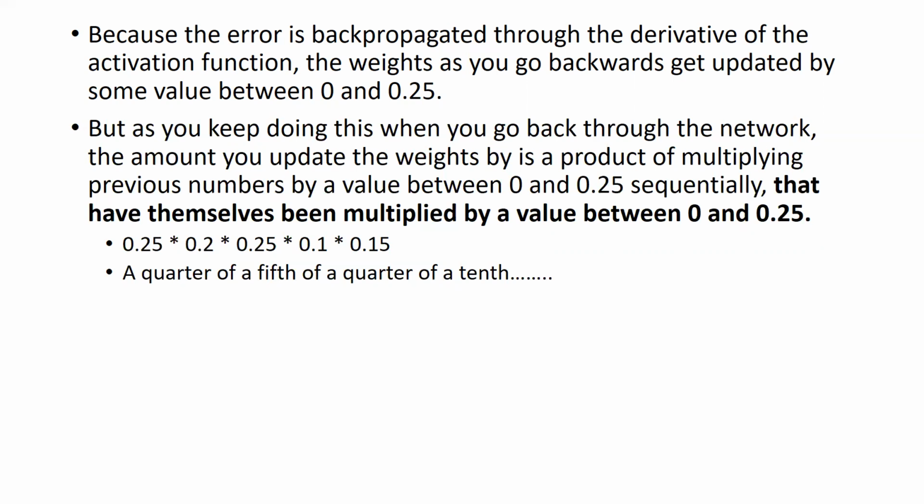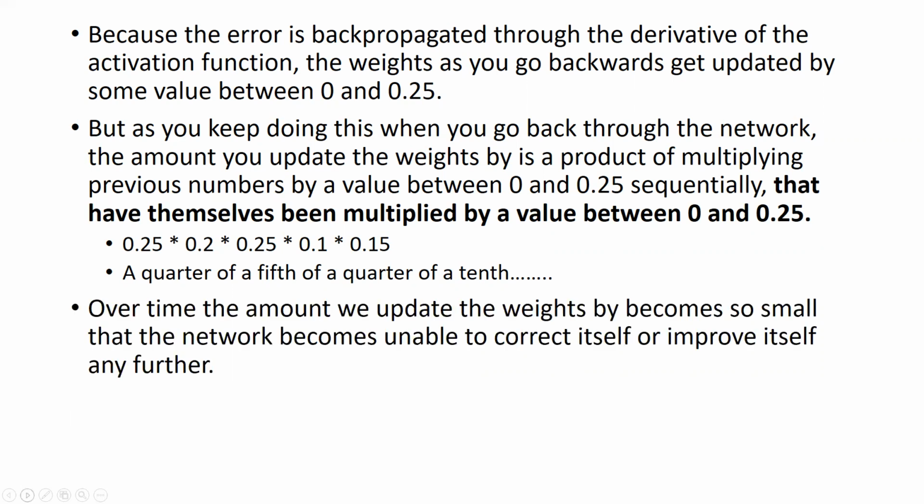So we end up with points where the weights don't update themselves after a certain amount of time because of this unique property of the derivative of a logistic function. So over time, the amount to update the weights by becomes so small that the network, if it needs to, becomes unable to correct itself or improve itself any further.